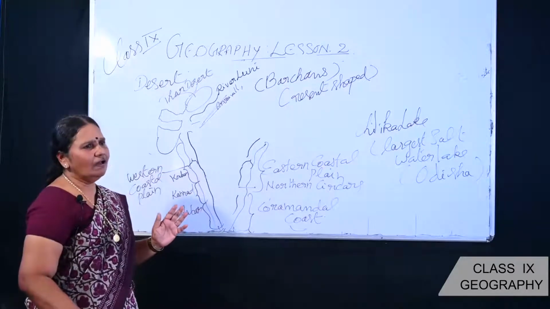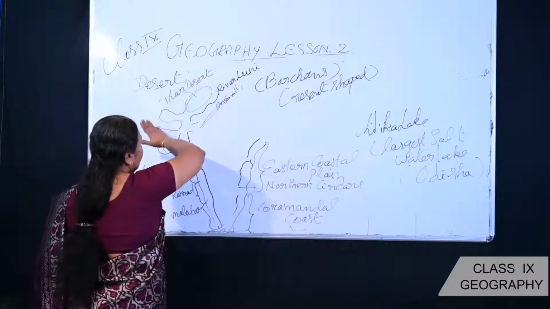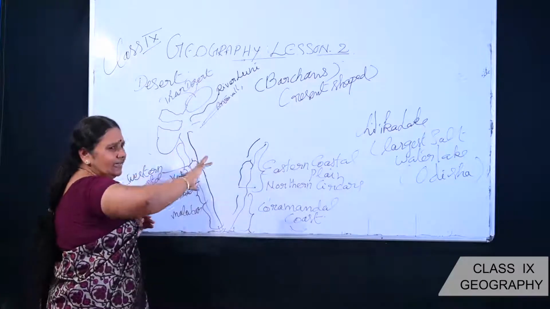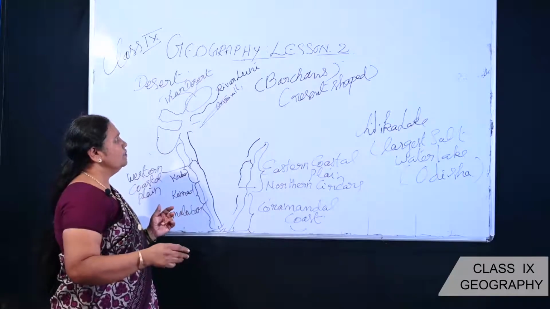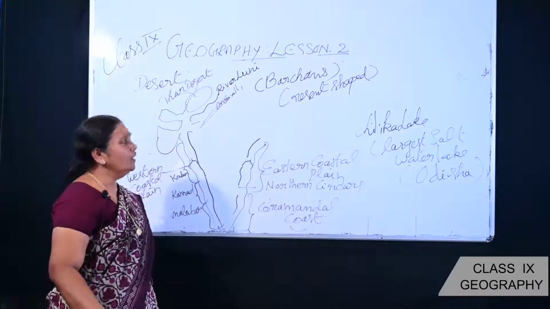Anyhow, India's Thar Desert lies in the western part of Rajasthan, and in the Thar Desert the soil is sandy, saline and porous, and the possibilities of rivers are very small because of the low rainfall. Why?